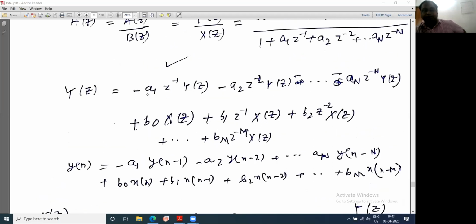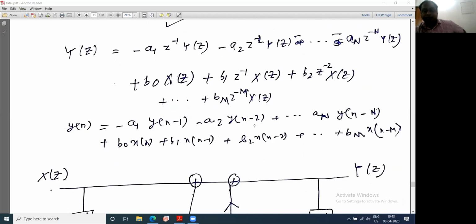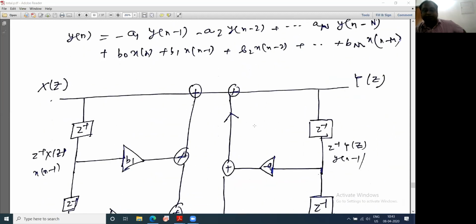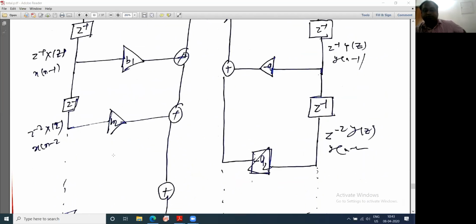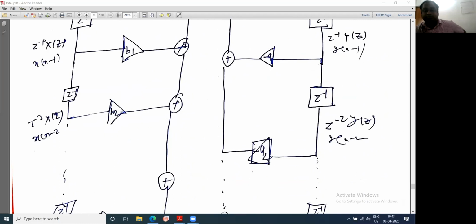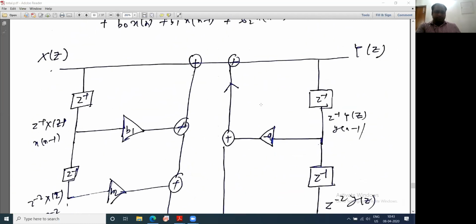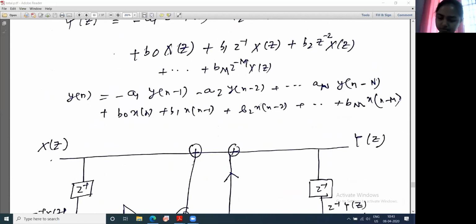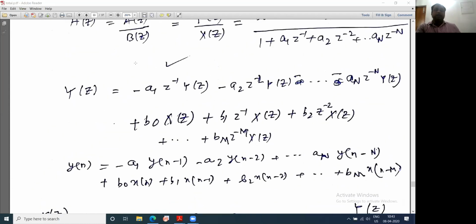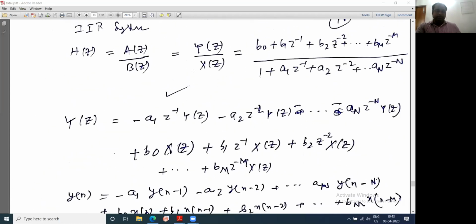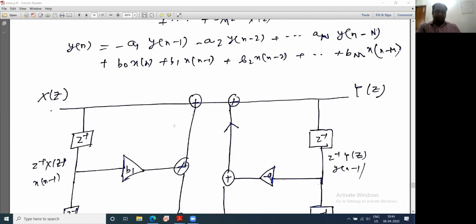But here these coefficients are negative. Therefore, while multiplying the constants, on the input side they are positive and on the output side they are negative. Agreed? Yes, sir. So you get this structure which is called the direct form 1 realization of the IIR system. This is what we discussed yesterday.